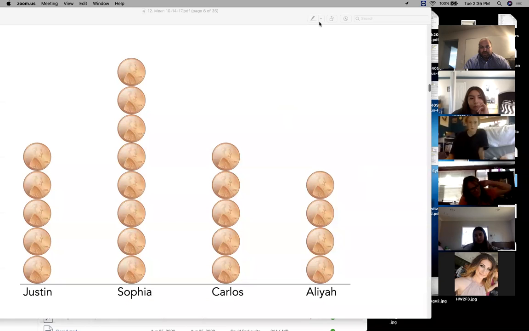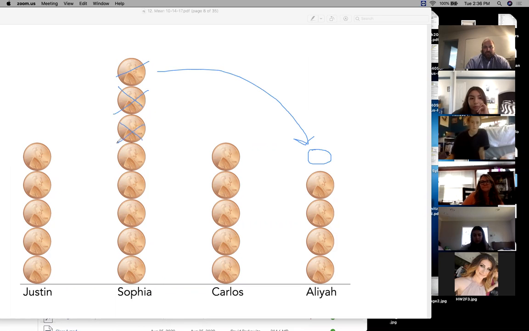So in other words, took this one and moved it there, and then removed the extra pennies. Agreed? That's what we have going on here, correct? Okay.